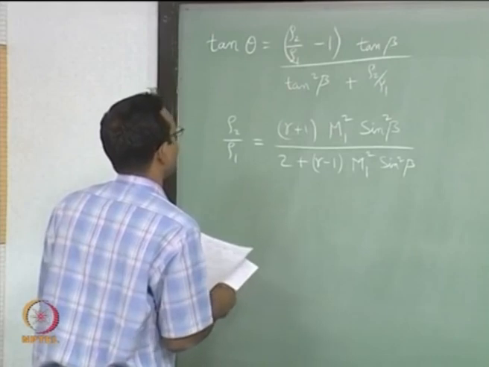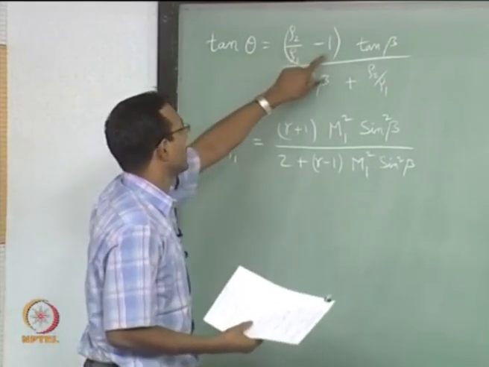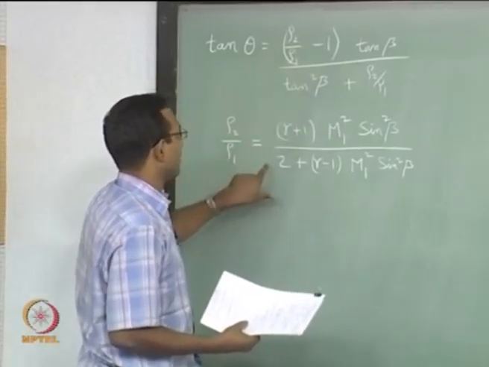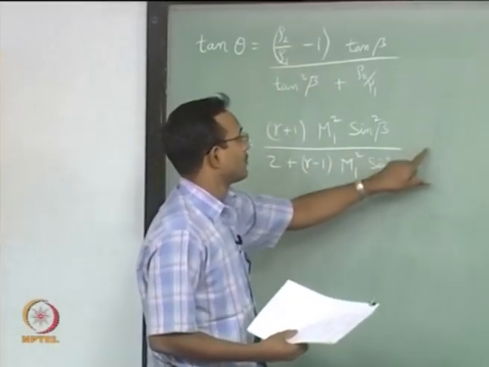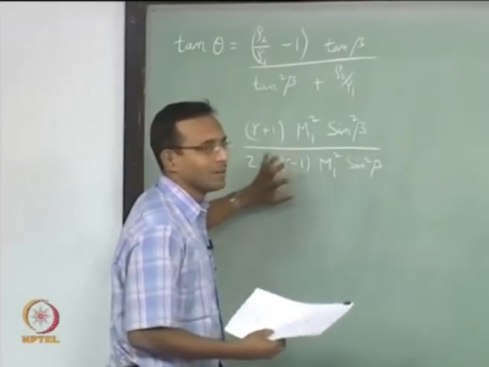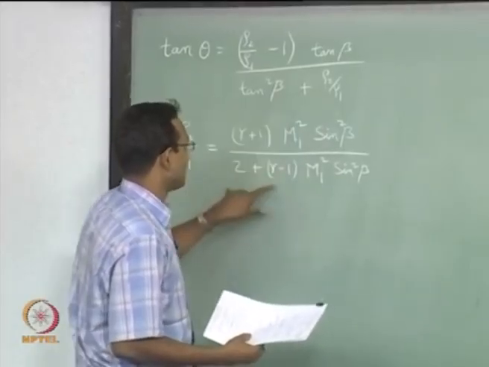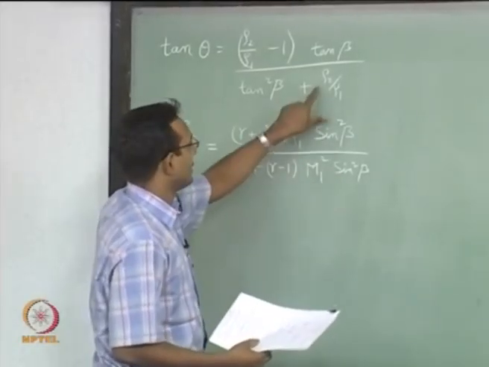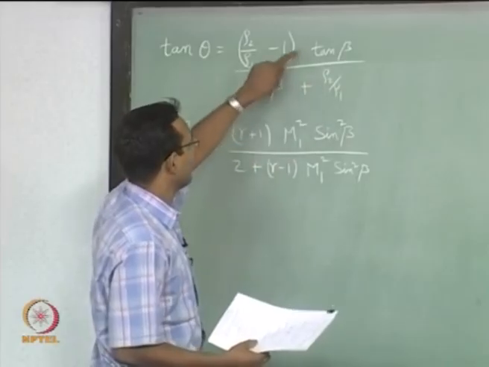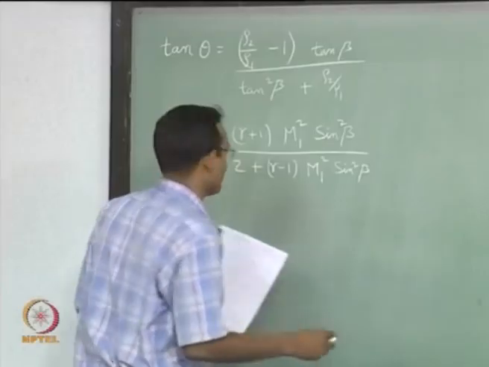I will directly start with rho 2 by rho 1 minus 1, where I will put minus 1 here, multiply this with that and ignore the denominator. I will do the same thing here, multiply this tan square beta with this denominator and then keep only the numerator here. Both will have exactly the same common denominators. I will not write that expression because they will get cancelled anyway.